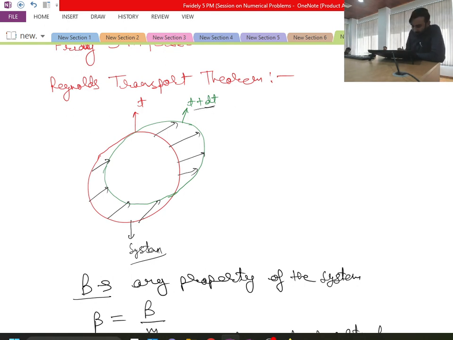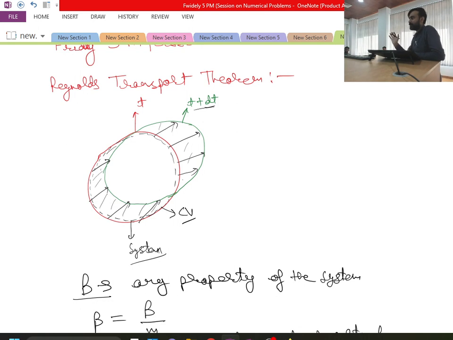If I consider that the red colored outline is also the control volume, then I can say that this hatched portion over here is some amount which has entered, and this hatched portion over here is some amount which has gone out of the control volume. Is this point clear?